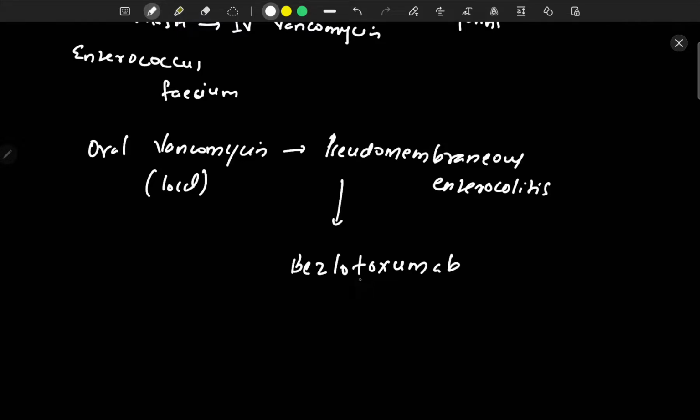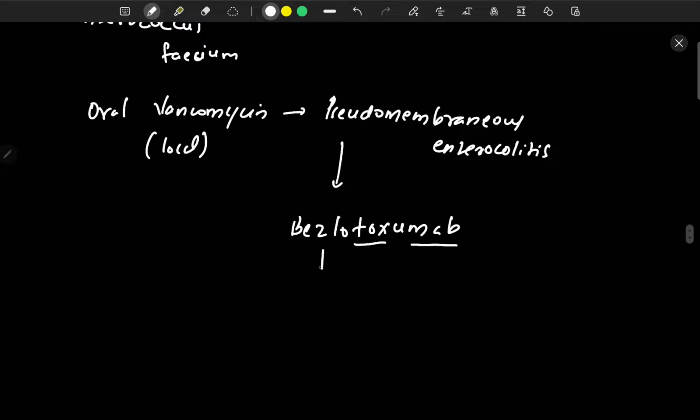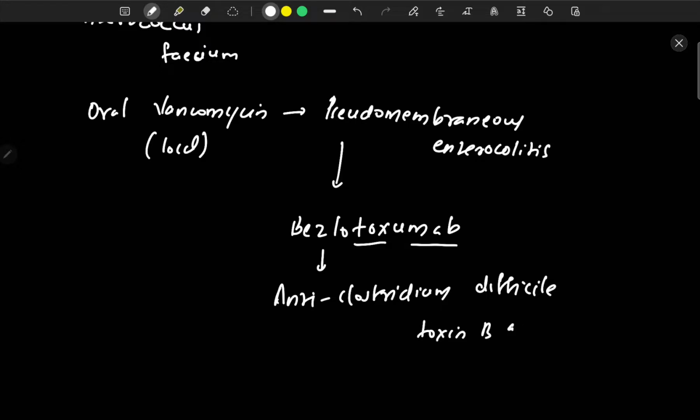The name of the drug itself indicates it is against a toxin and it is a monoclonal antibody, that is anti-Clostridium difficile toxin B antibody.